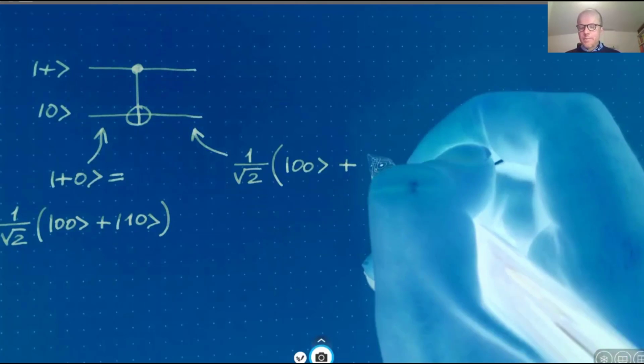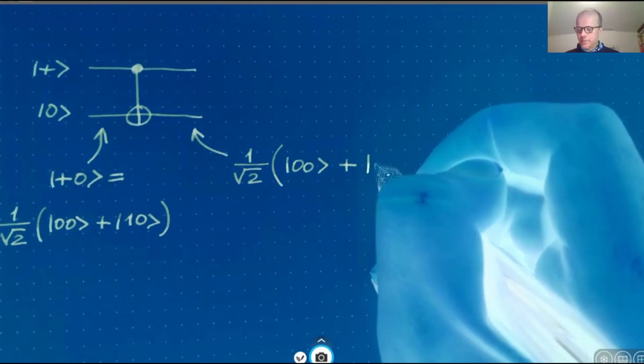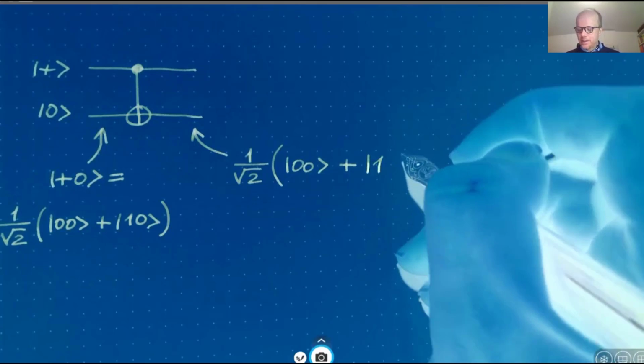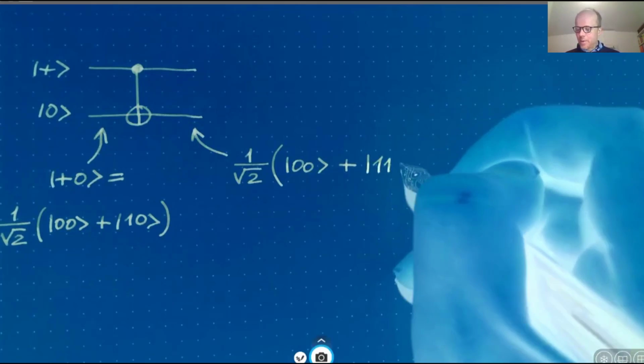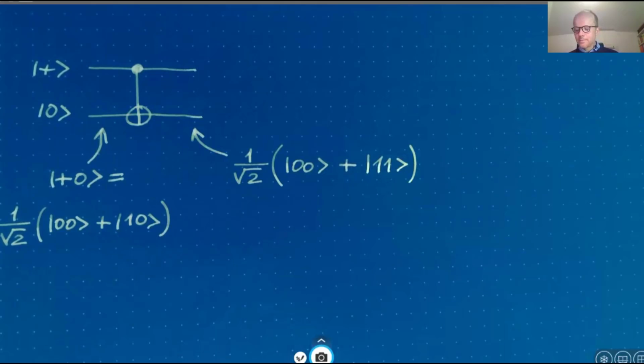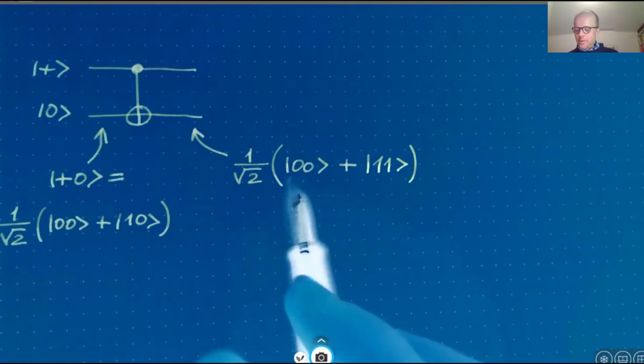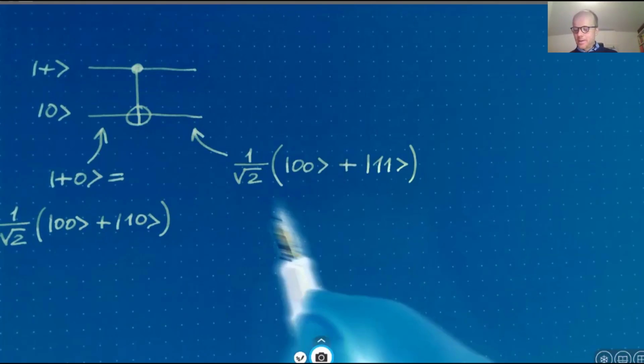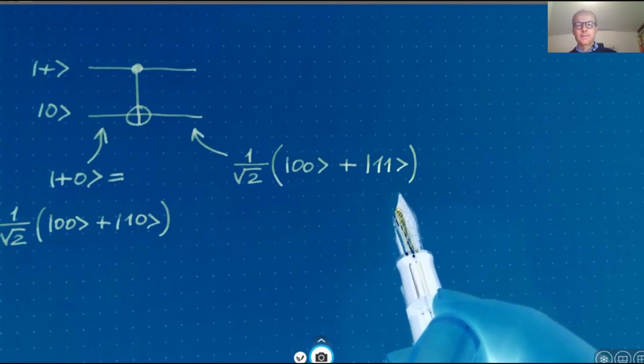The control qubit remains unchanged, right? It remains 1, and the target qubit is flipped from basis state 0 to basis state 1. So the 2-qubit state coming out of the CNOT gate is this state here.